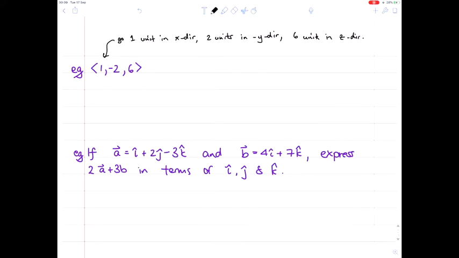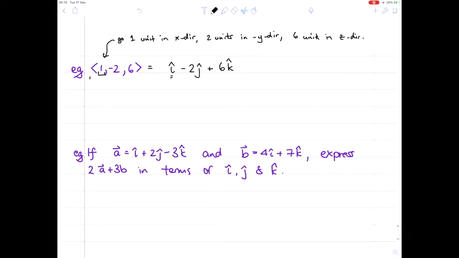And we can write this using our basis vectors as, well, go 1 unit in the i hat direction, so go i hat, and then we want to go minus 2 units in the y direction, so we're going to subtract from our i hat 2 times our j hat, and then we want to go 6 units in the z direction, so we take 6 times our k hat vector.